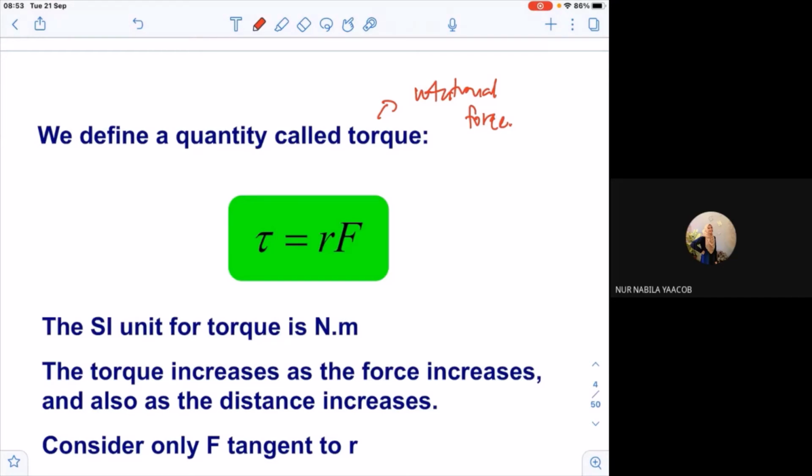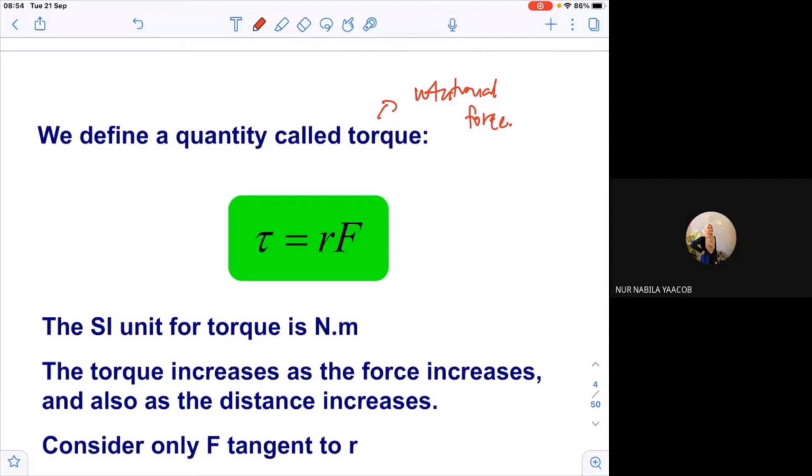Acceleration becomes alpha. Position, in the angular part, becomes theta. So when you apply a force to rotation, it becomes torque.